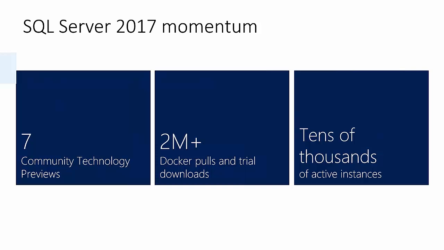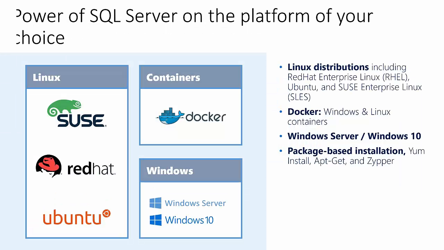In terms of where SQL Server is running, the new version, 2017, is going to run obviously on Windows, but also on various Linux distros. We're planning for formal support for Red Hat Enterprise Linux, Ubuntu from Canonical, as well as SUSE Enterprise Linux, but you can run it in many other distros as well.